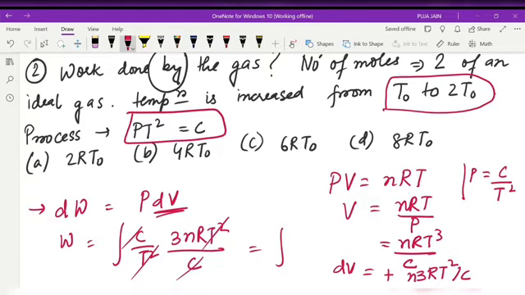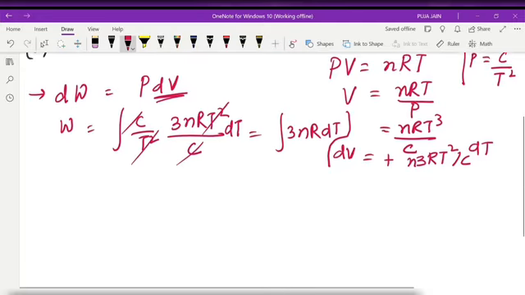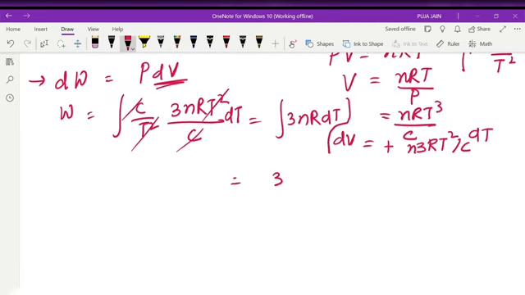We are getting integration of 3nR dT, from T0 to 2T0. So 3nR times 2T0 minus T0, so we are getting 3nR T0.